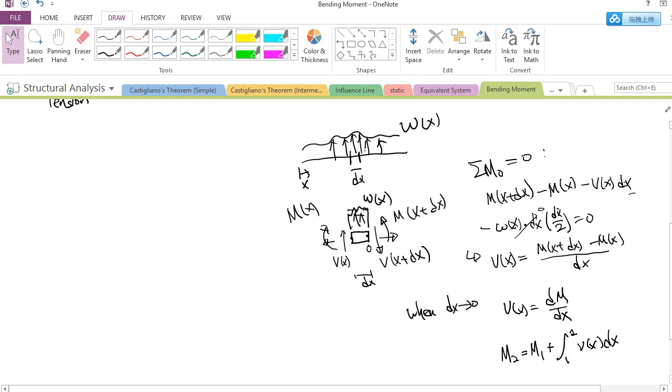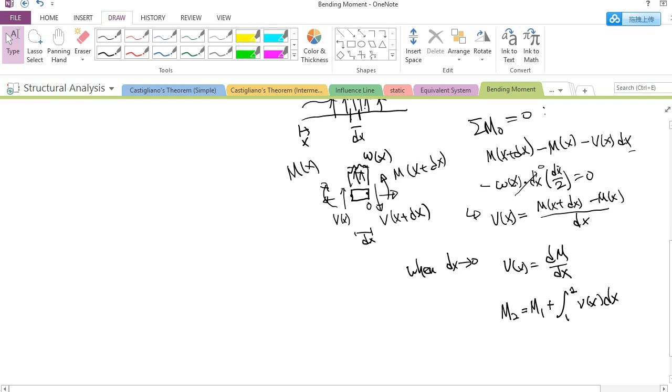All right, this equation is very important. The change of the bending moment between 2 points depends on the shear force diagram. So what I mean is that in order to draw the bending moment, you need to draw the shear force diagram first.